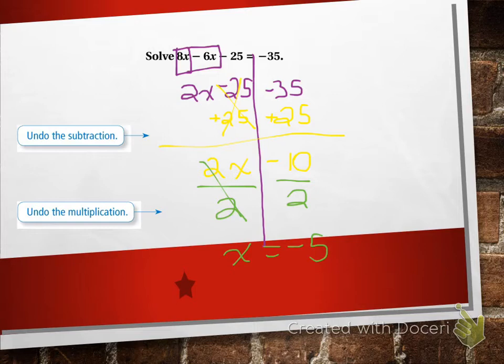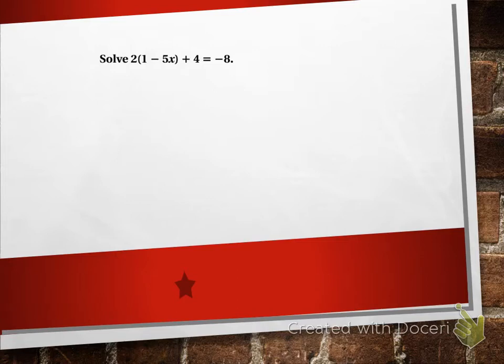So if we're looking now at example 3, we're going to be using the distributive property to solve an equation. So we've got a couple extra steps we're going to have to work on here. The first thing we need to do here is to distribute, which is to pass out this 2.